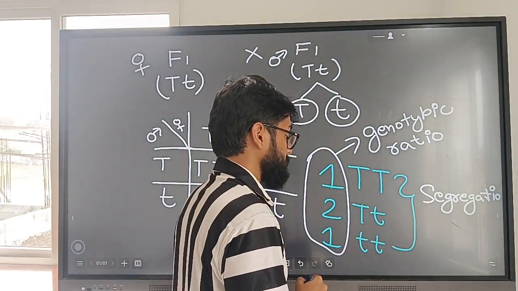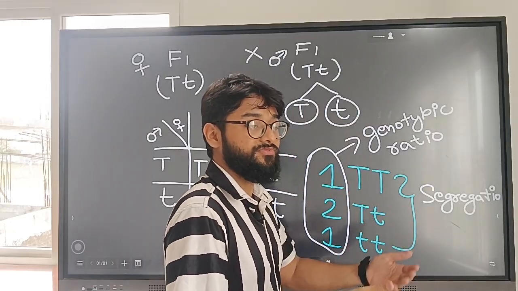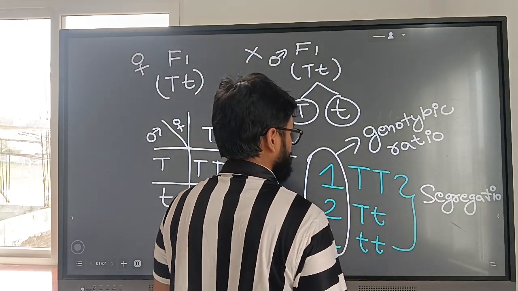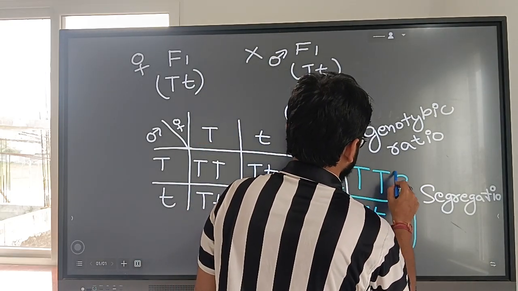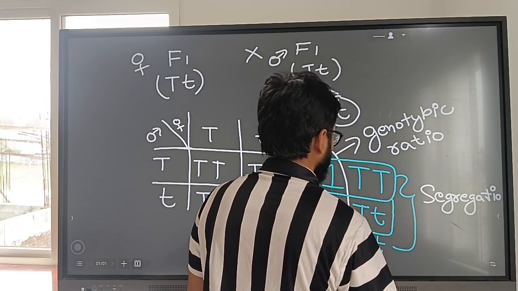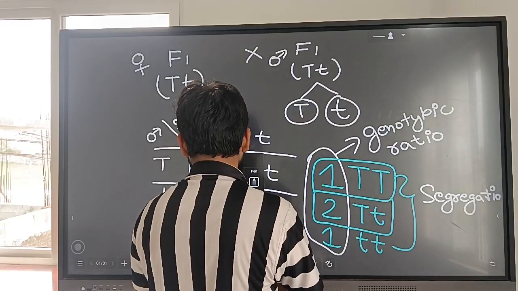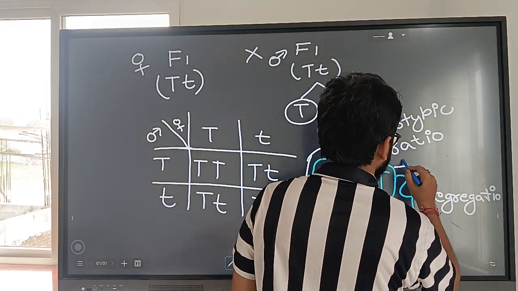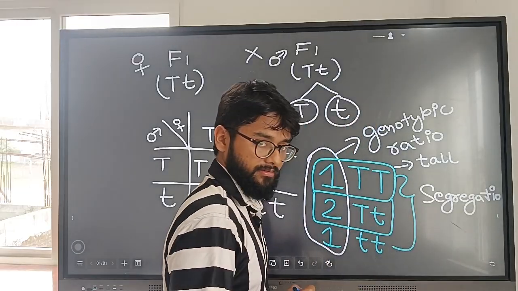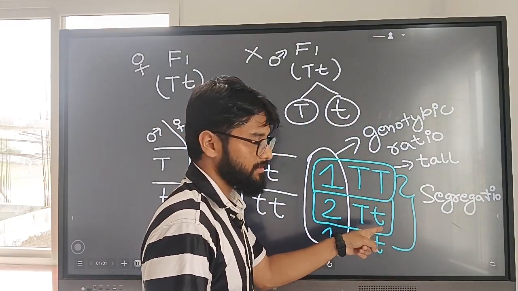But what happens when we observe it in the physical world? We see that this as well as this gives you the same result, that is tall. This is also tall, this is also tall, correct?